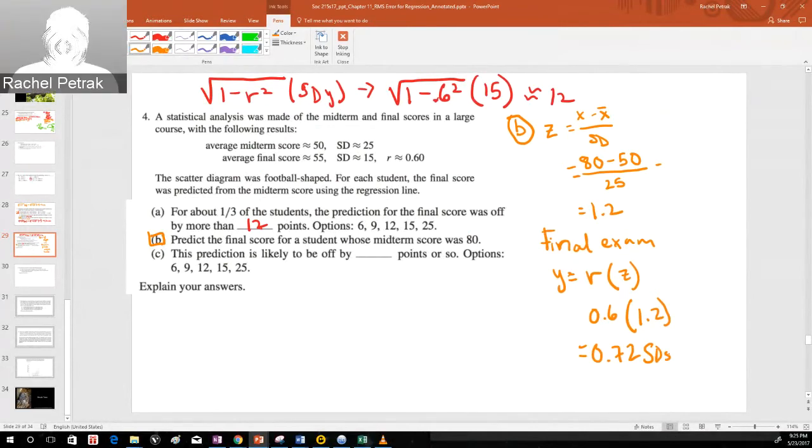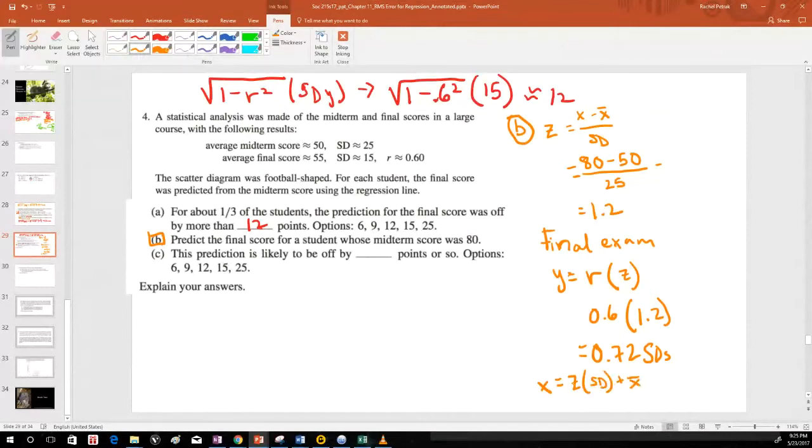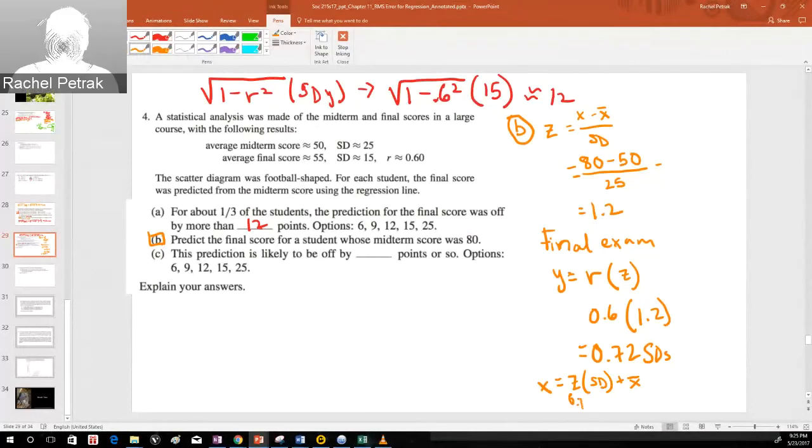And we can convert that to a raw score by using the inverse of this formula. The raw score is equal to the z-score times the standard deviation plus the mean. So our z-score is 0.72 times our standard deviation, which is 15 on the final, and the mean for the final, which is 55.